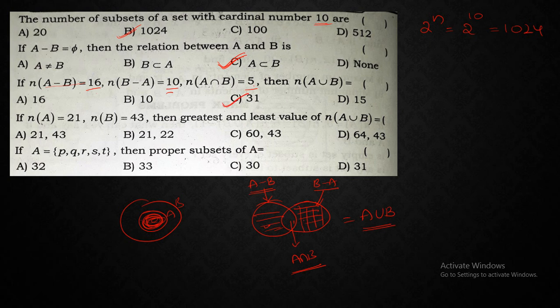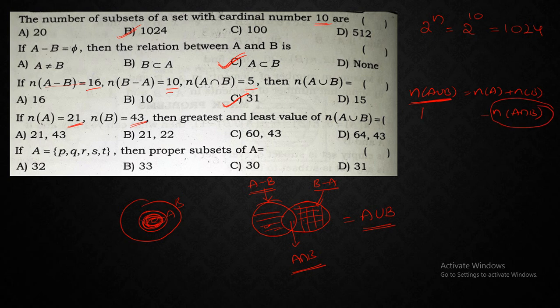Next, n of A is equal to 21, n of B is equal to 43. Then the greatest and least values of n of A union B. What is the formula of n of A union B? n of A union B is equal to n of A plus n of B minus n of A intersection B. To get the greatest and least values, it completely depends on the intersection value.